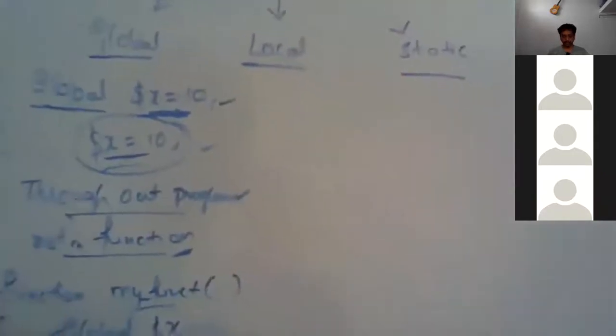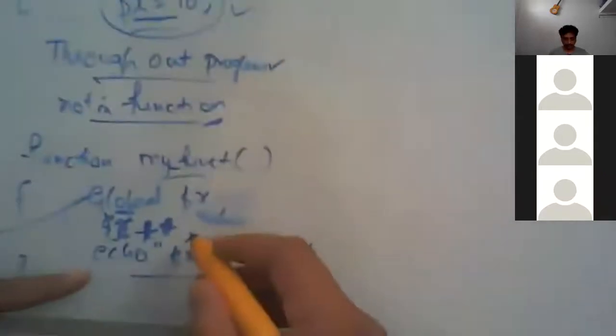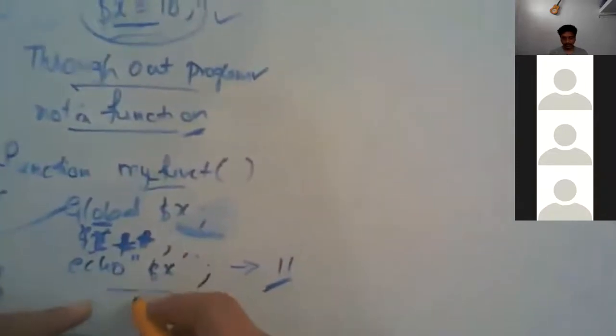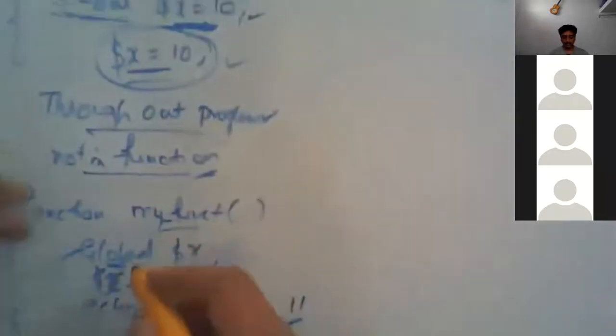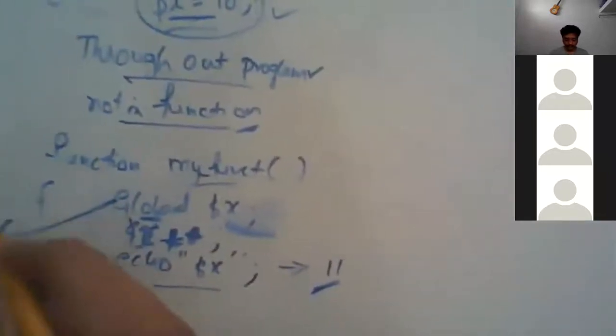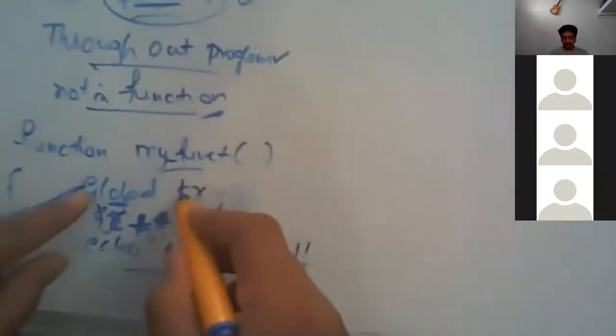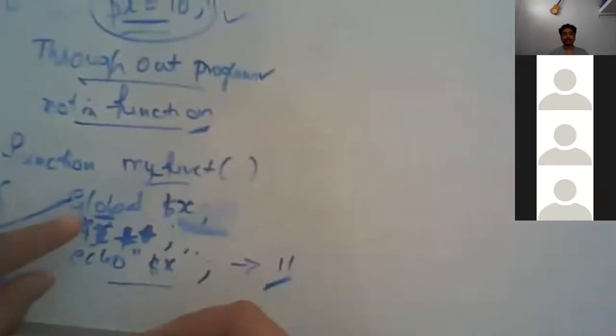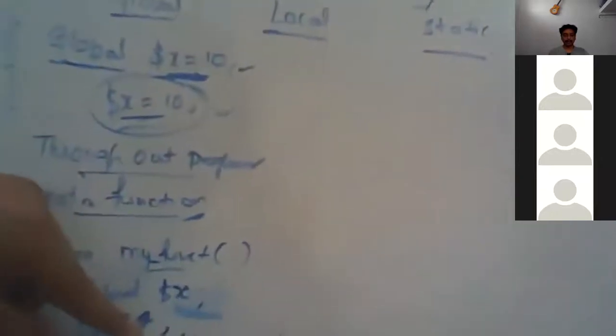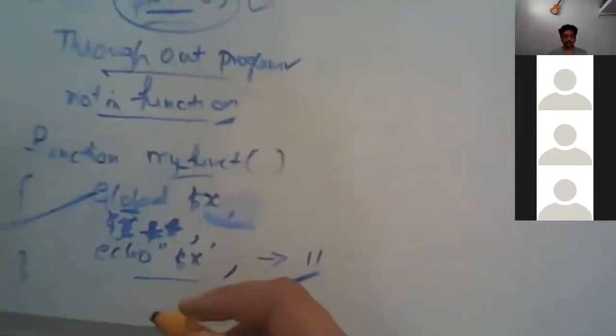This was called inside my function and the x value incremented. Then I printed. So to access this global variable inside the function, call the keyword global in front of the variable. Now we can easily access this variable inside my function, the user defined function. This is what the scope of the variable is.